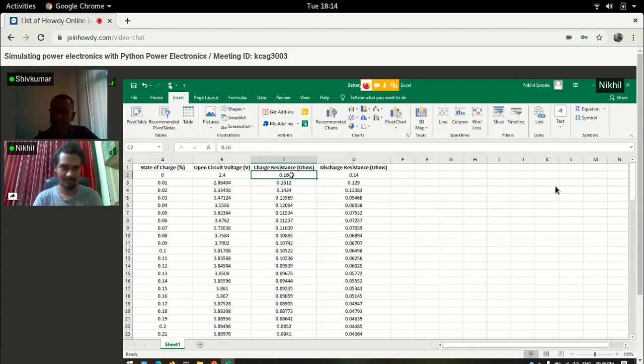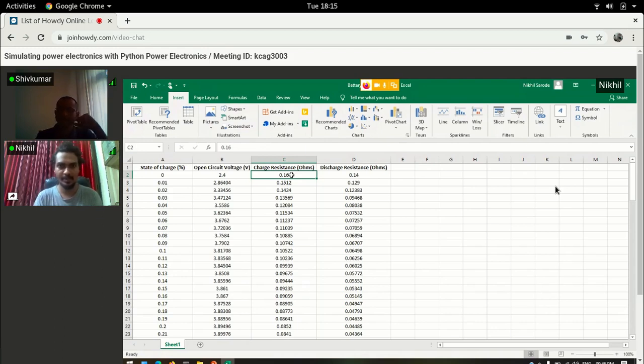So first and foremost, let's say for example, the rated current of the battery. Generally if the capacity is say 3.2, then the 1C rate, which is recommended for charging, is 3.2 amperes.